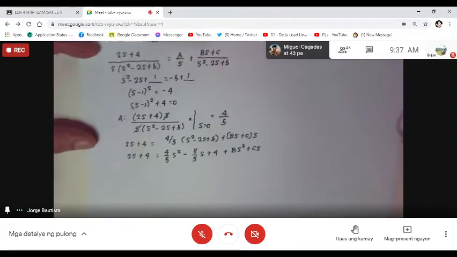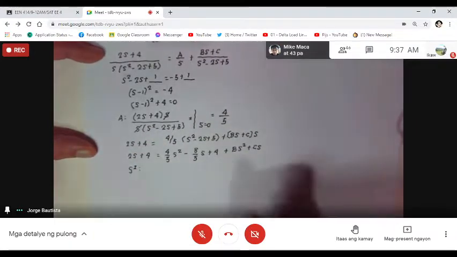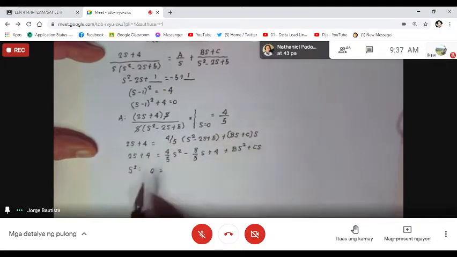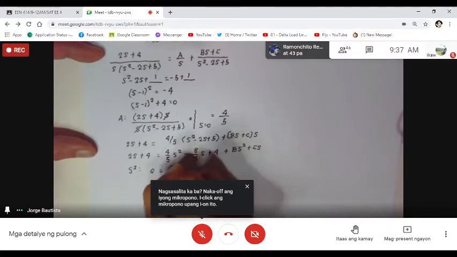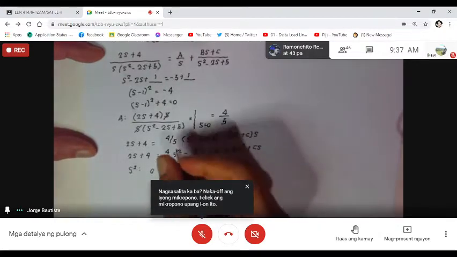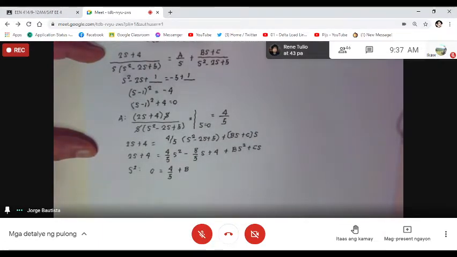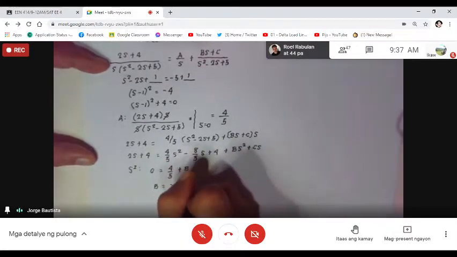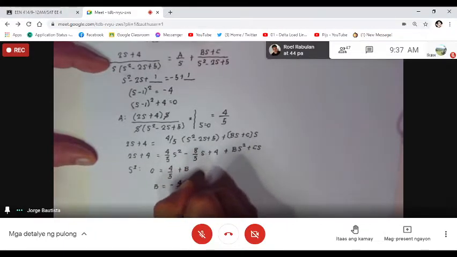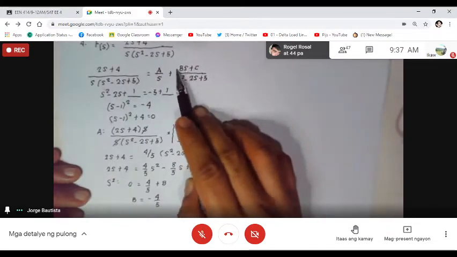Combine terms with s squared. We have 0, since there is no s squared on the left. So you have 4 over 5 plus B, so B is negative 4 over 5. We have determined the value of B.